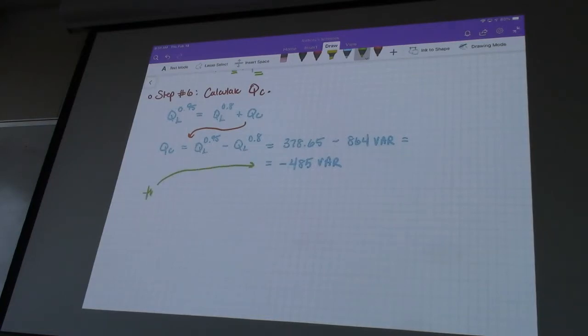And this makes sense because we expect our capacitor to be a negative reactive power sink, which means a positive reactive power injection.